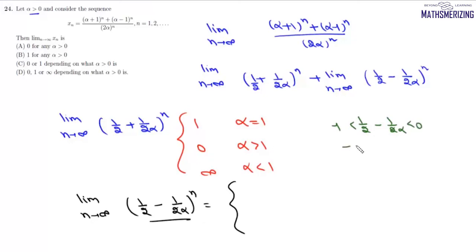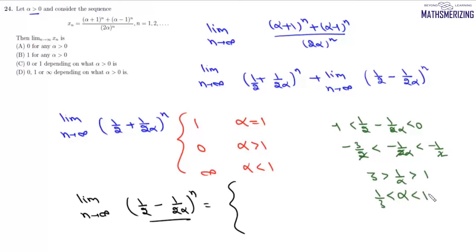Now this value will be minus 3 by 2, it will be less than minus 1 upon 2 alpha, and it will be less than minus 1 by 2. Then 3 will be greater than 1 by alpha, and it will be greater than 1. And if we take the reciprocal, we'll get alpha is greater than 1 by 3 but less than 1.